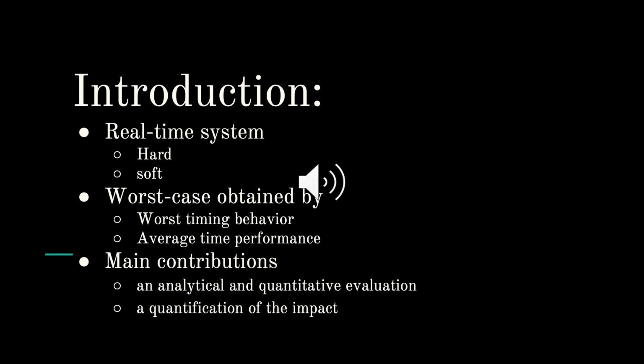The first one provides an analytical and quantitative evaluation of the worst-case allocation and deallocation times for a given hardware platform. The second one provides a quantification of the impact that the consideration of worst-case allocation times obtained analytically could have on the application's end-to-end execution time.